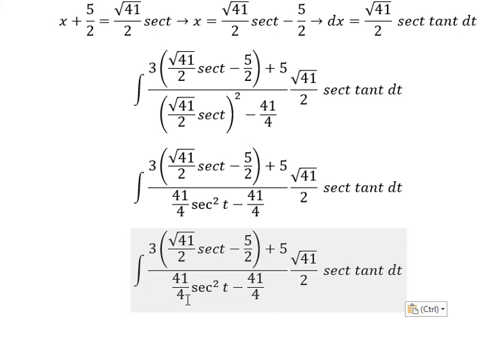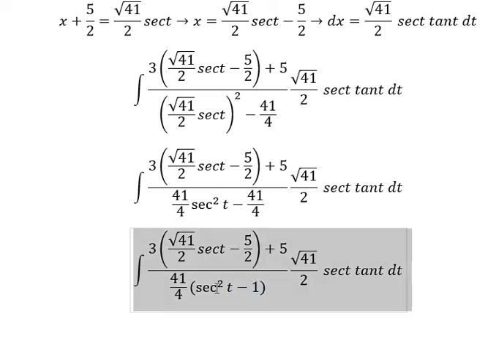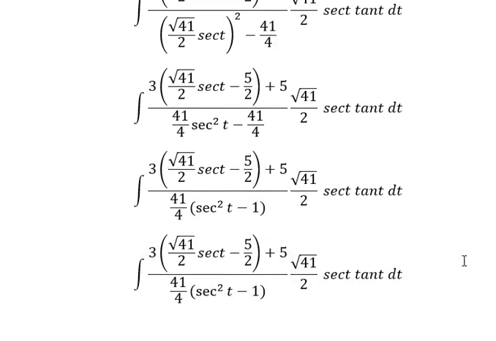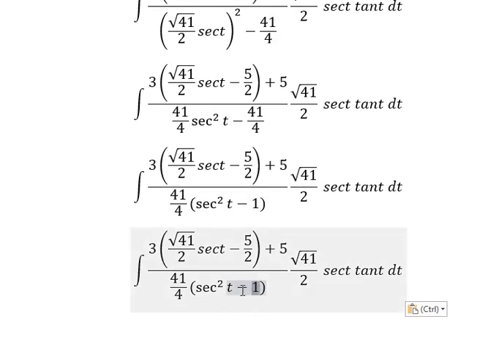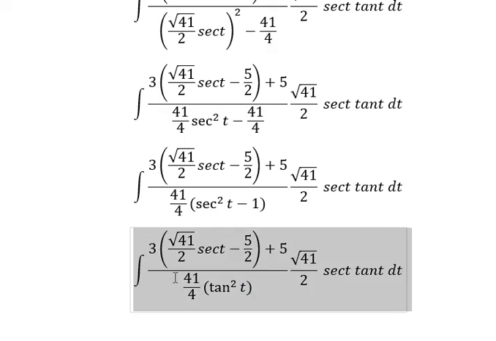So 41 over 4 we can do factorization in here. Secant of t squared minus 1 we change for tan t squared. And now we simplify tan t and tan t.